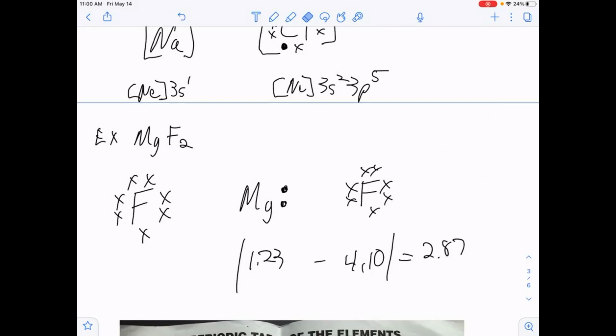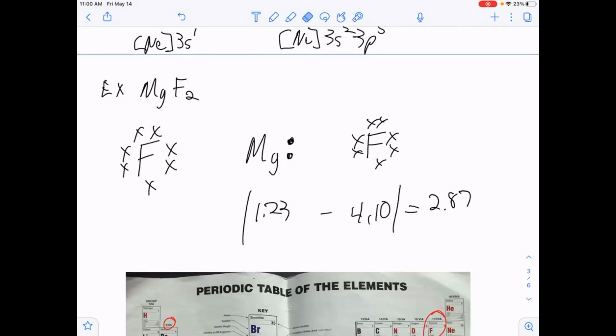So Megan, is that one going to be ionic or covalent? Ionic. So if you're ionic, you're going to steal. So one fluorine steals 1. The other fluorine steals the other one.